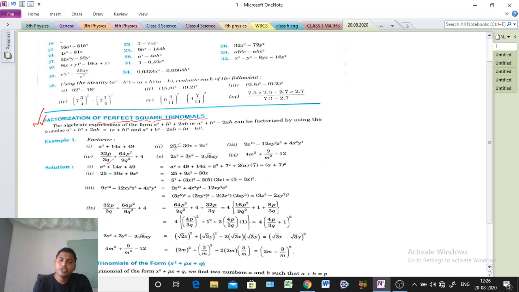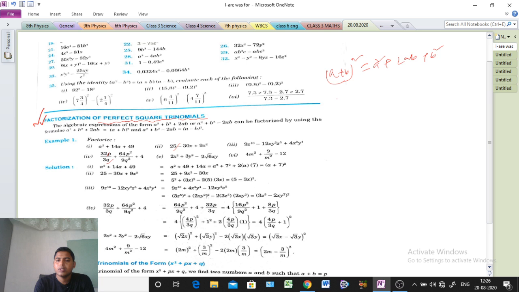Our basic formulas are like this. We know the a plus b whole square formula: a square plus 2ab plus b square. Similarly, the a minus b whole square formula: a square minus 2ab plus b square.